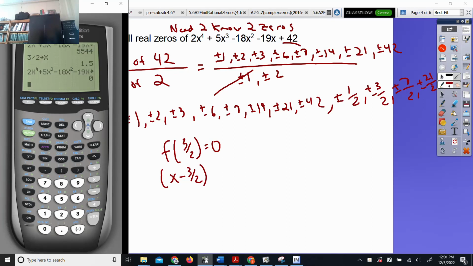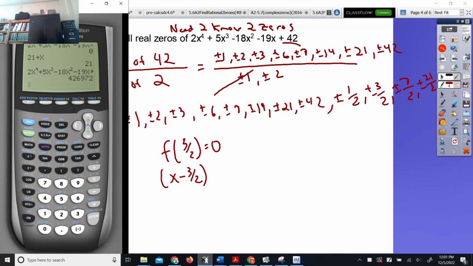All right, we need how many more? 1. Keep making guesses, kids. Pick a number out of your rear end. Just guess. 21. 21 is in the list. That's a big number.